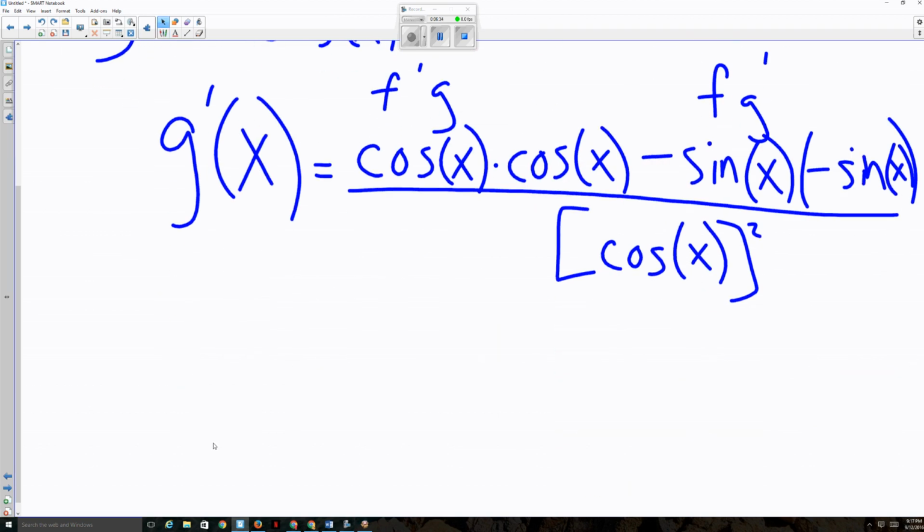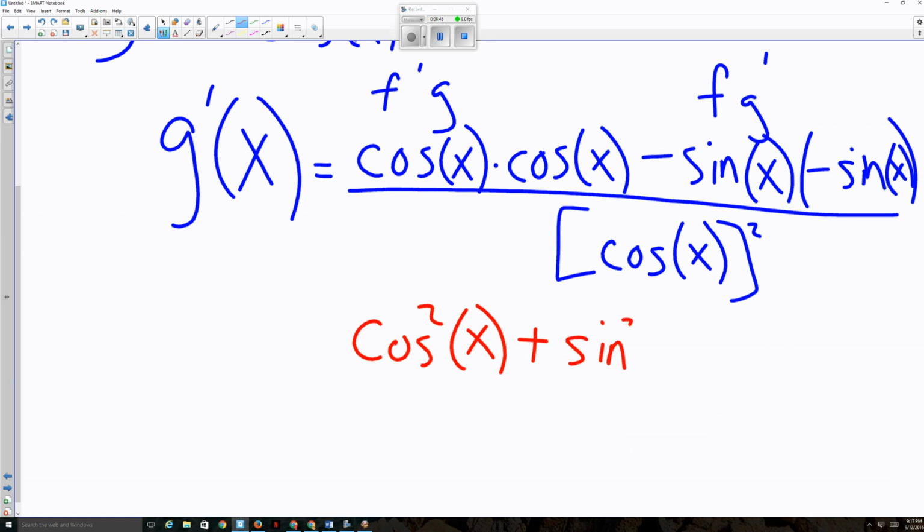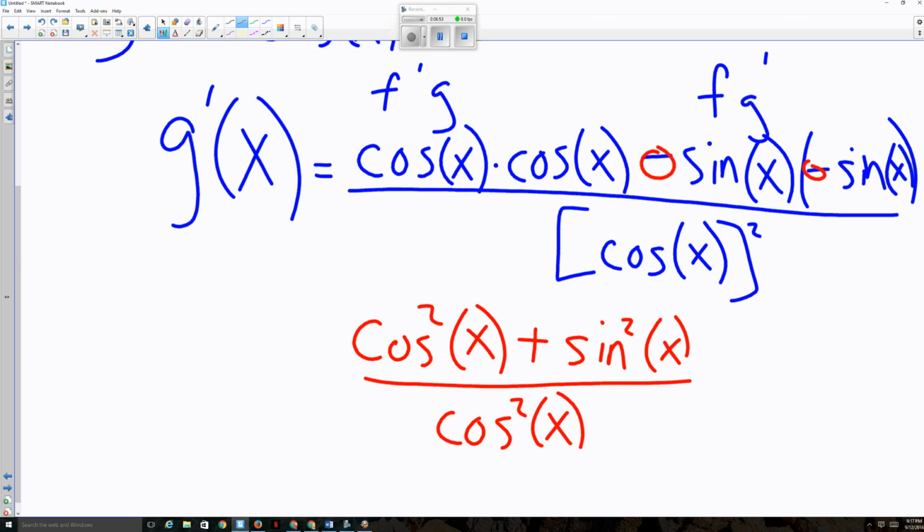All right, well, let's simplify this now. So we have cosine squared of x plus sine squared of x. Notice the two negatives. All over cosine squared of x. And so for you trigonometry majors out there, remember that cosine squared plus sine squared equals 1.